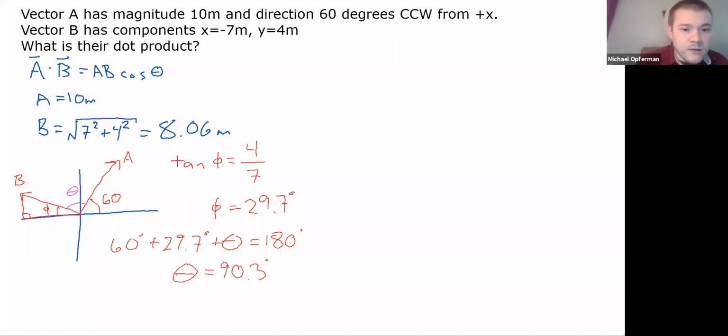Okay? So let's see. Now we've got all the pieces of the puzzle in place. Last, I need to do the actual equation. A dot B equals magnitude of A, which is 10 meters, times magnitude of B, which is 8.06 meters, times cosine of the angle between them, 90.3.